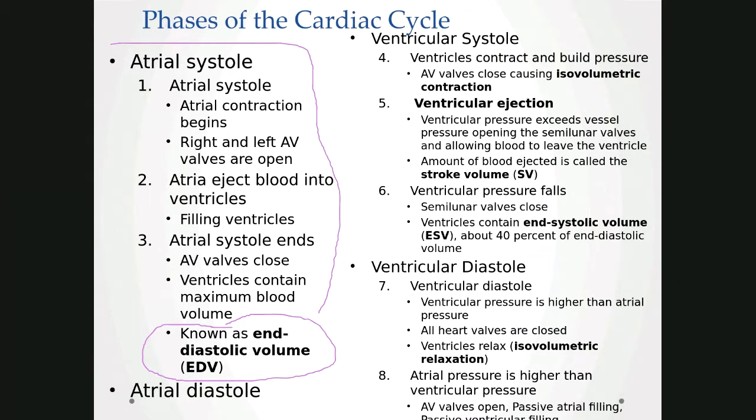It represents the largest amount of blood in the heart, so it might be 100 milliliters. All right, and again, if this is your reference, this is 500 milliliters, so 100 milliliters is probably like a fifth of this, the amount down here.